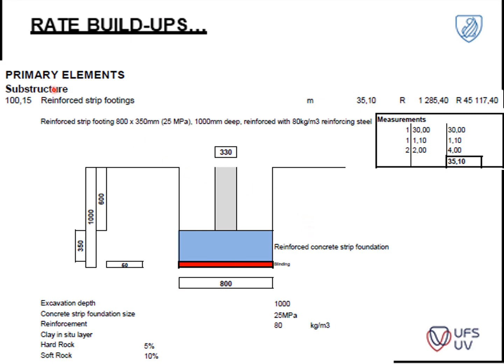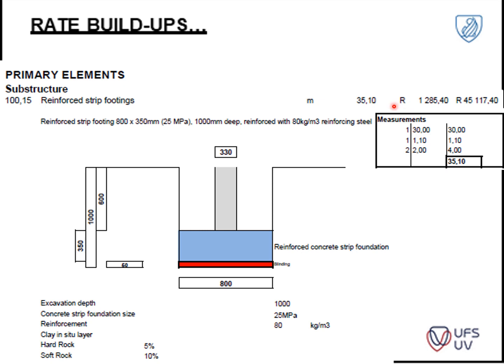You will see in your elemental estimate, you will have your component reinforced strip footing. You measured it in meters, and you measured 35.10 meters, and you had a rate of 1,285 Rand and 40 cents to build up this rate.